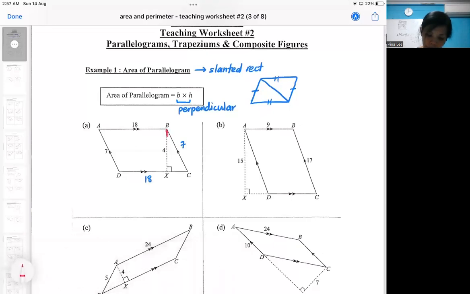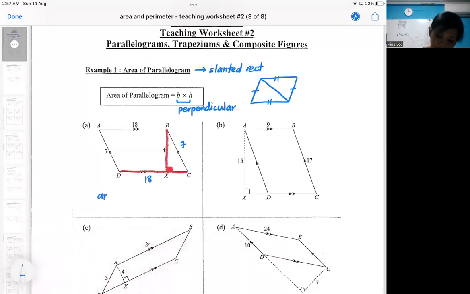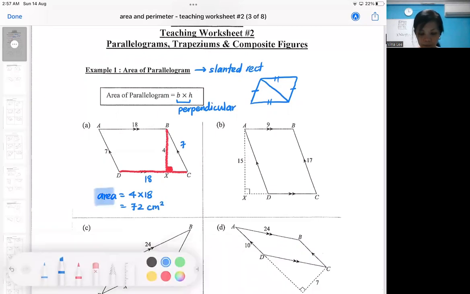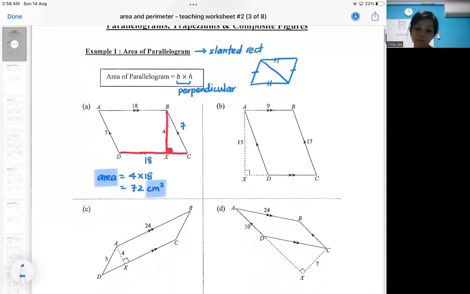Look for the 90 degree. In fact, looking for the 90 degree will help you with the base and height. So in this case, the area will just be 4 times 18. So again, label and units, like what we did for our triangle and circle.